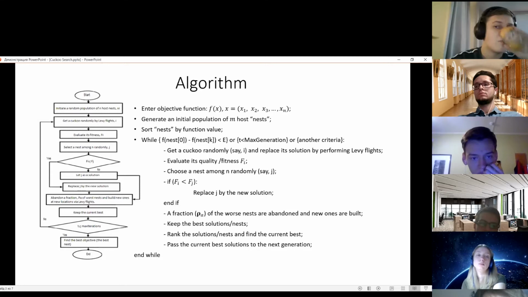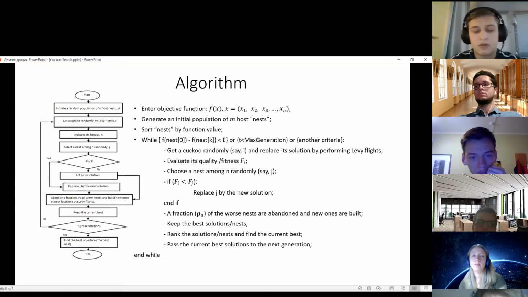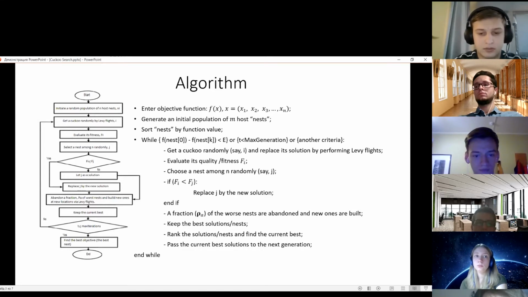Here in the algorithm, x plays the role of coordinates of host nests, and the function value of x plays the role of nest quality or fitness. And then we sort nests by the function value.